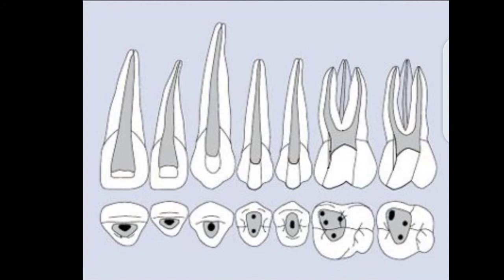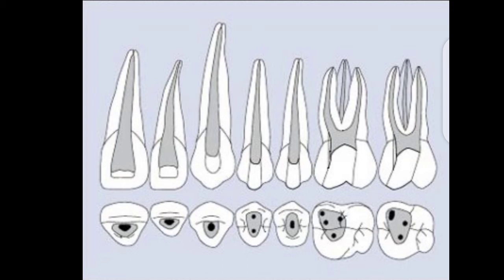Now come the maxillary teeth. The access cavity for central and lateral incisors is rounded triangular in shape, while for canines and premolars it's oval in shape. For the upper first molar and second molar, it's rhomboidal in shape. You can see that the central incisors, lateral incisors, canines and second premolar have a single canal, while the upper first premolar has 2 canals.